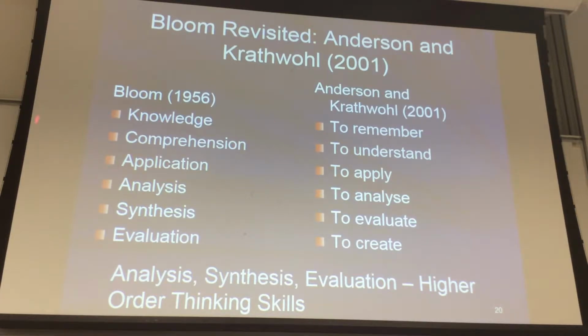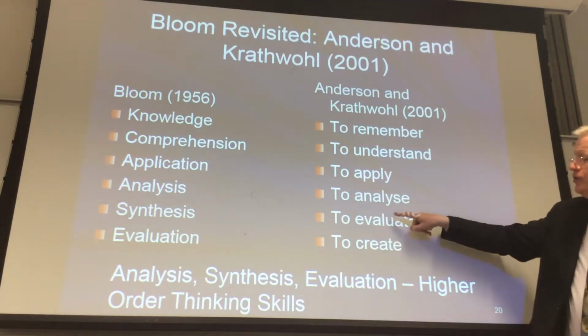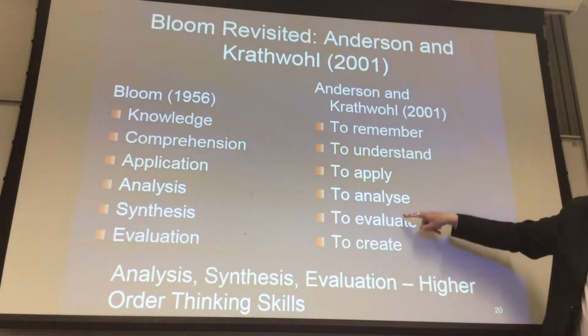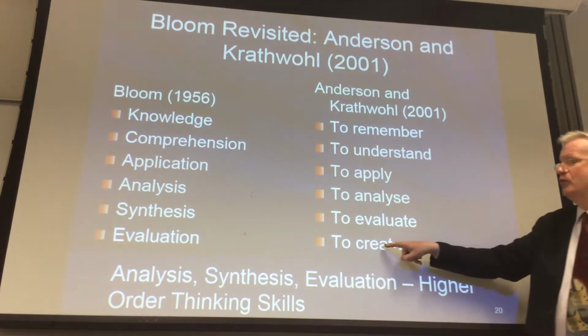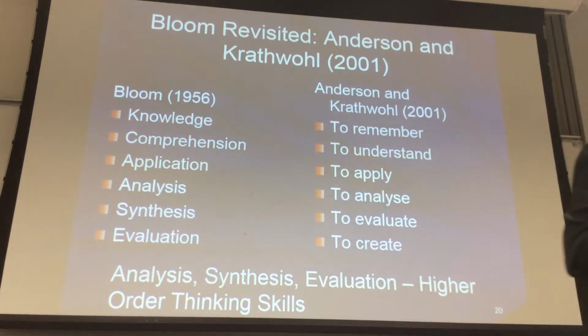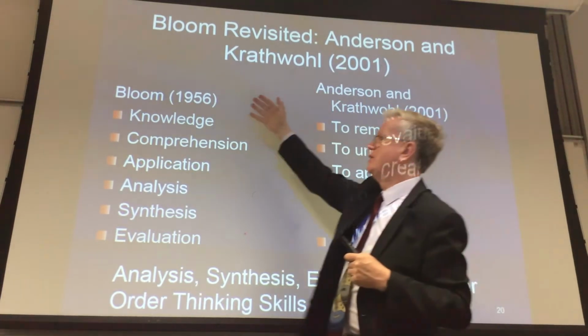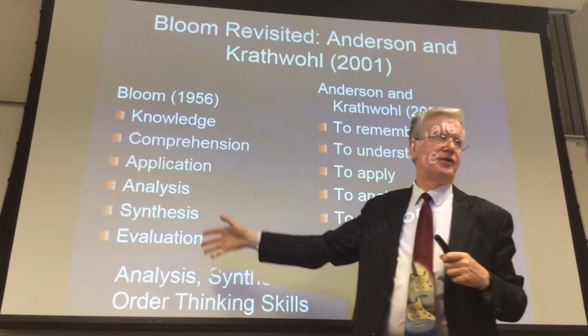Bloom's original taxonomy is the better, without a doubt. I bought this book and they spent the whole book wondering, should evaluation be here and create up there? Now, Bloom had taken create as part of synthesis. So, Bloom's taxonomy is still the one that is most often quoted.